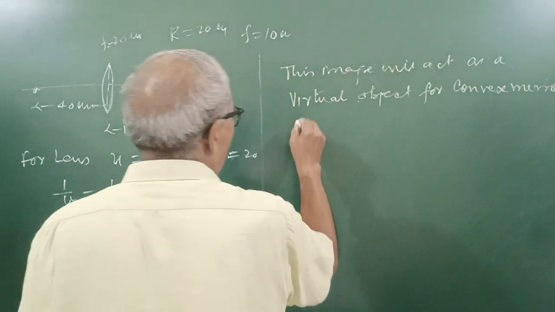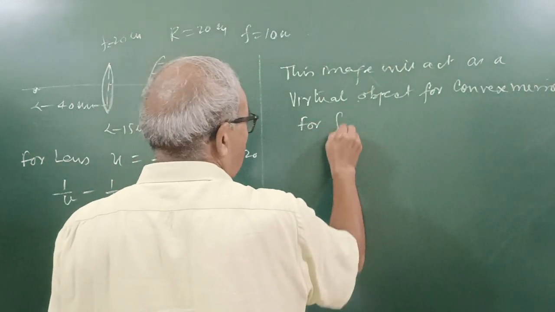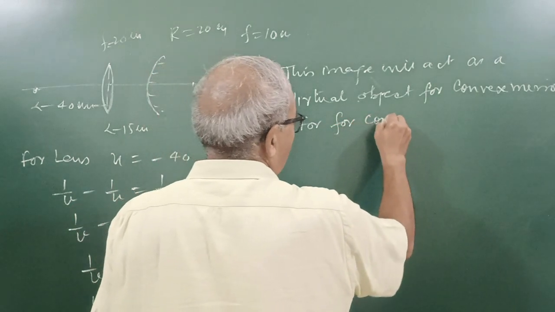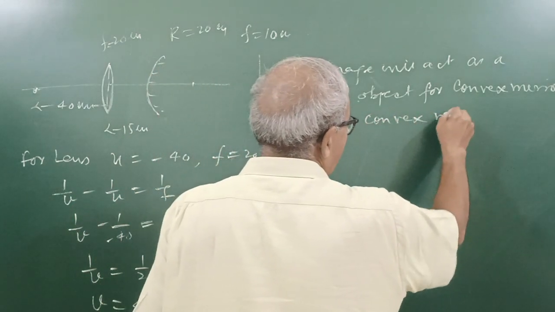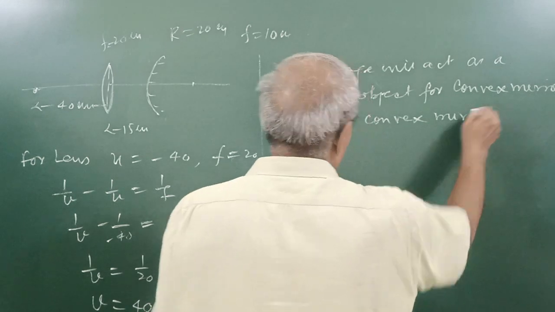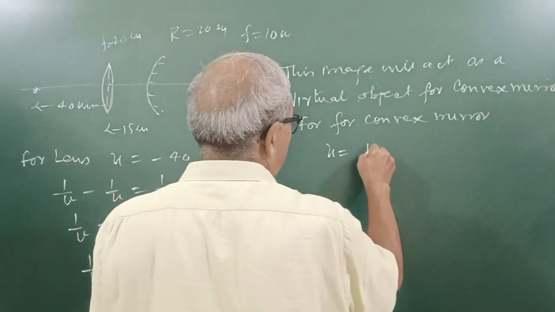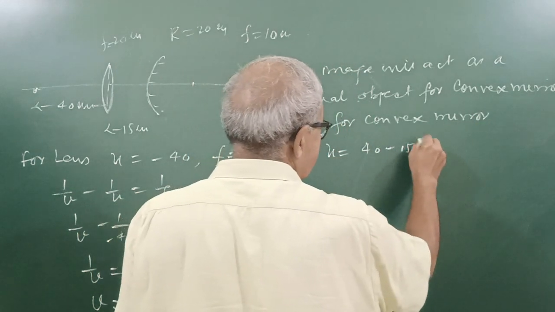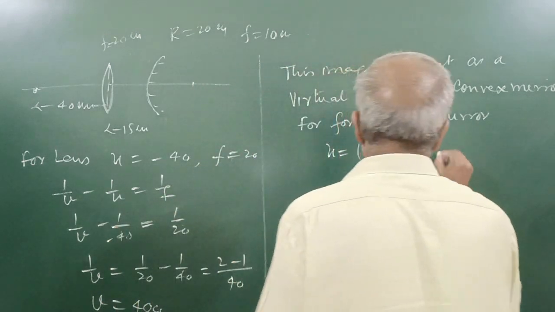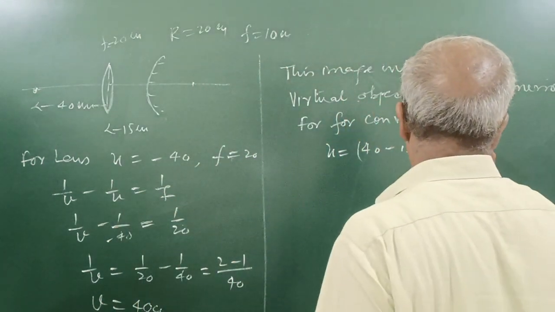So for the convex mirror, u is equal to 40 minus 15, which is 25 centimeter.